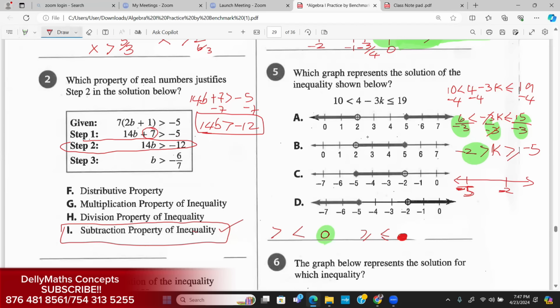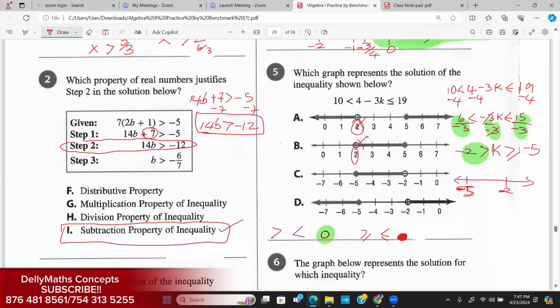So I'm looking out for that, right? Where the negative 2 is, I'm going to have it open, and I'm seeing quite a number of them open where negative 2 is. This is off. This is off because those are positive 2, positive 2. So those 2 are not a part of my solution. So I'm either going to be concerned with C or D.